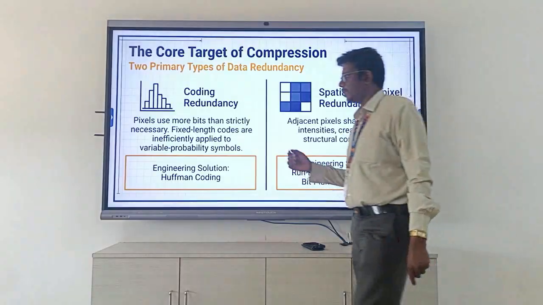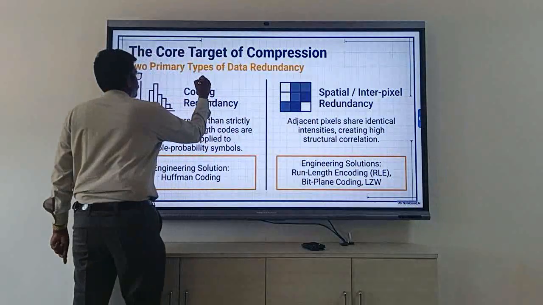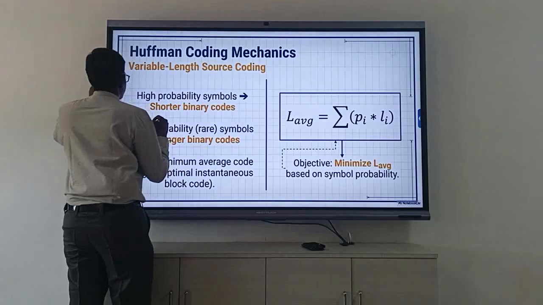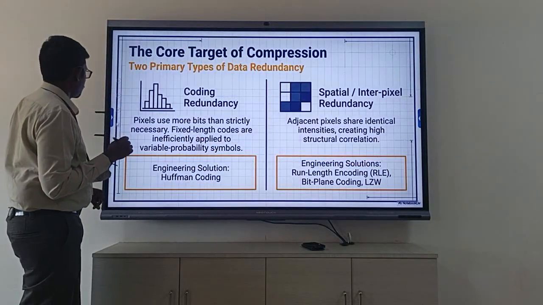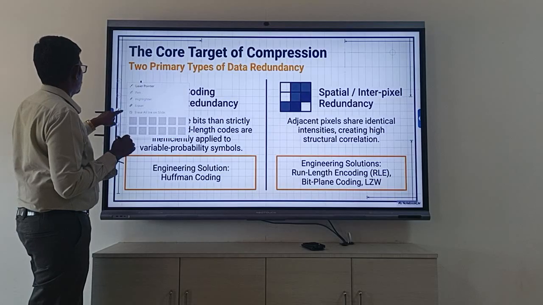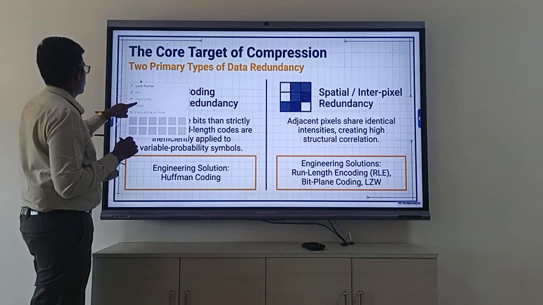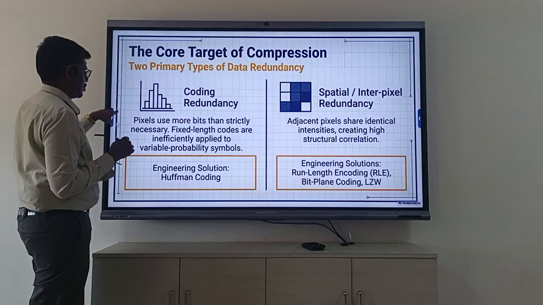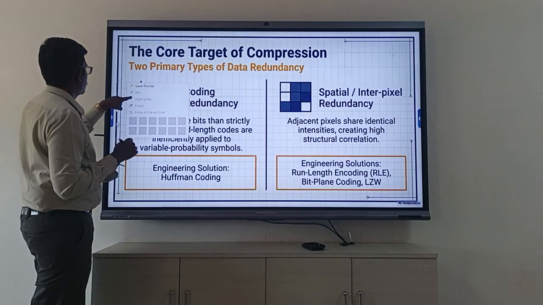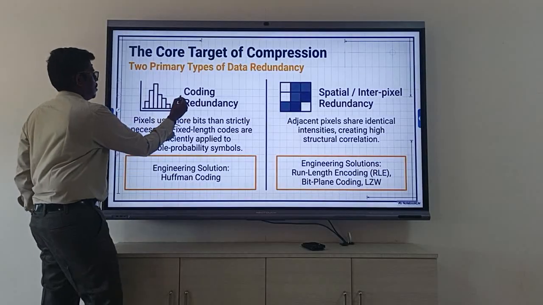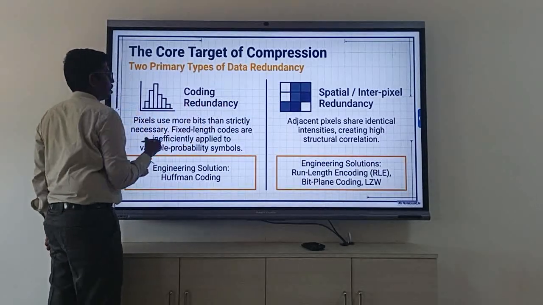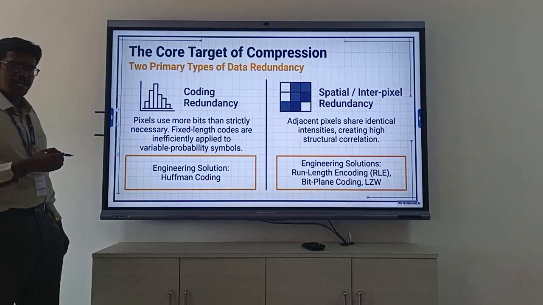For example, the input in the form of probabilities like 0.4, 0.3, 0.2, 0.6.